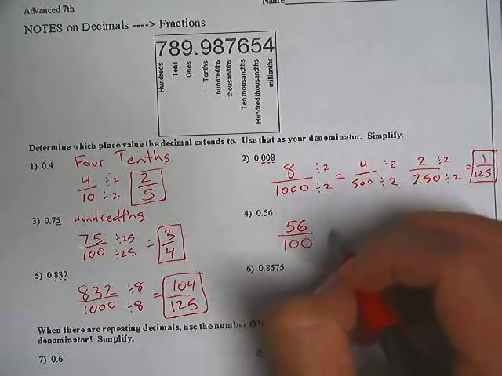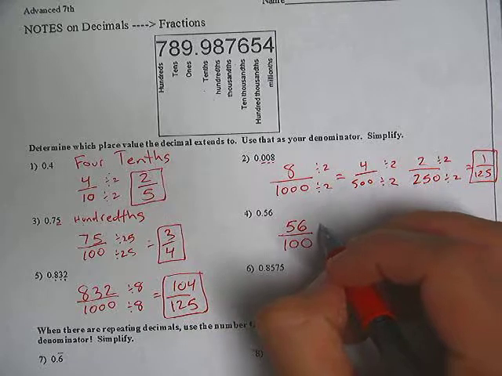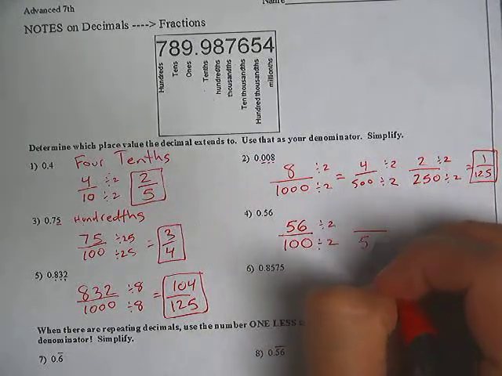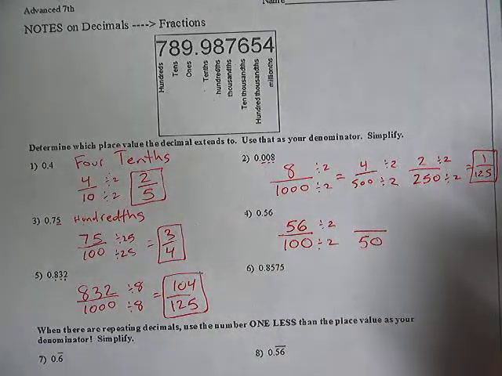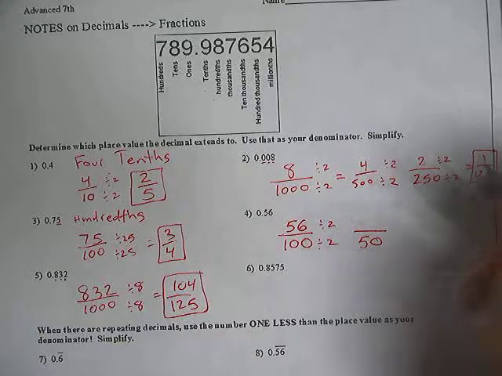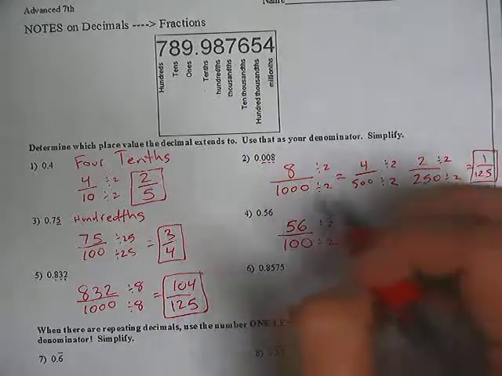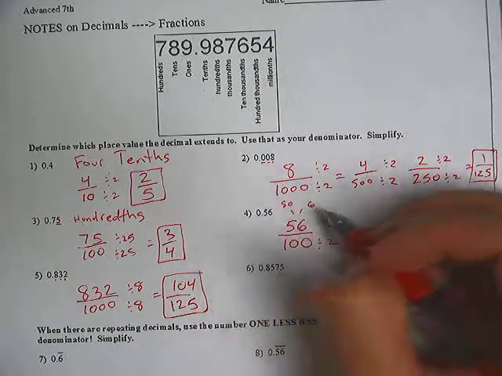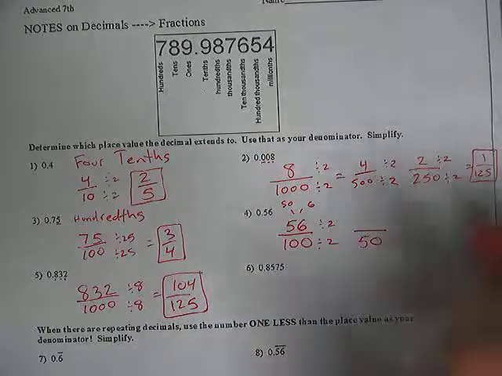So your starting point here is 56 over 100. So let's divide by 2 to simplify this. We know that this is 50. Now, half of 56 probably doesn't come right to your mind. What's half of 56?